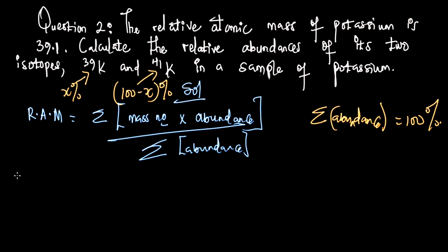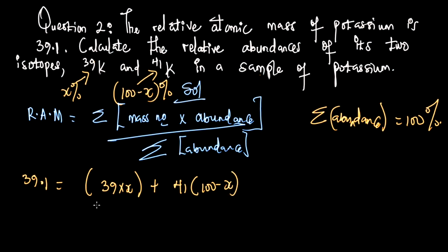So therefore, the relative atomic mass 39.1 equals 39 times X plus 41 times (100 minus X), everything all over 100.